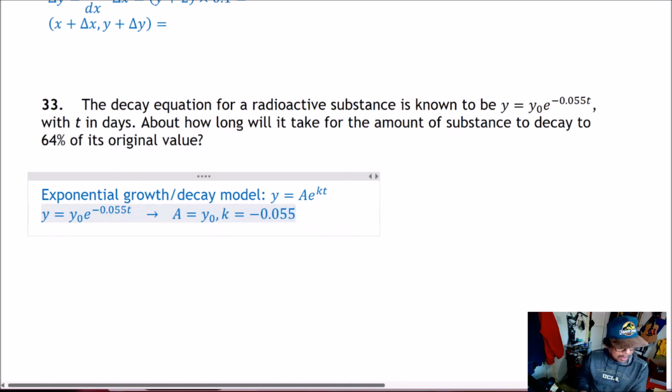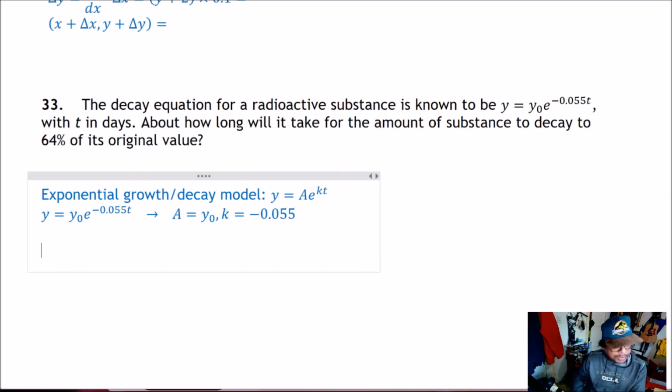All right, well, let's see what we're going to do. If we wanted to figure out 64% of its original value, then 64% is going to be 0.64 multiplied by the original amount, which was y naught. And we're just going to set that equal to our exponential decay model.